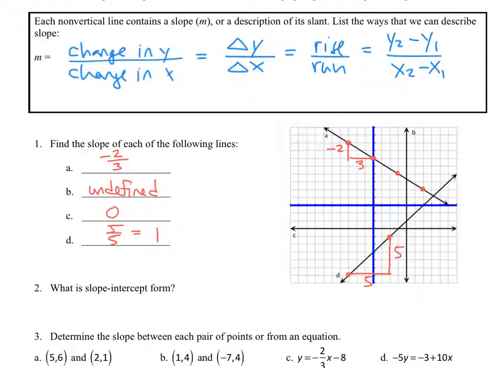And a flat horizontal line, like line C, has 0 slope. Slope-intercept form is a general equation for any line, and that is y equals mx plus b, where m represents the slope and b represents the y-intercept of the line.